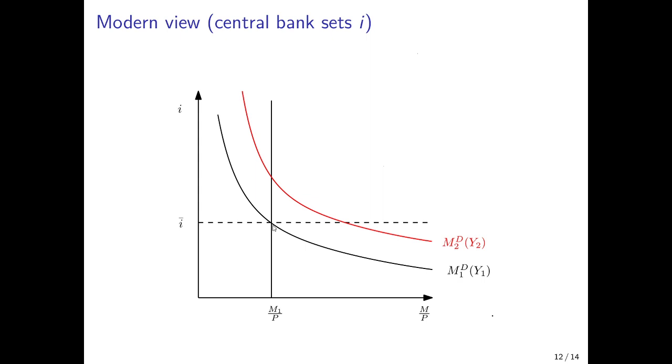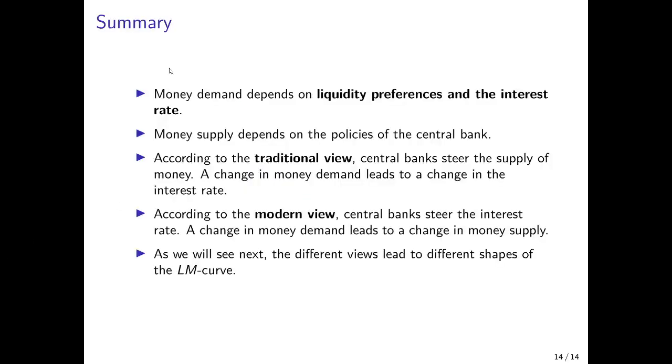And we see that the original equilibrium would not be an equilibrium anymore. But what happens now is that the central bank increases money supply so as to maintain the desired interest rate I bar. So actually now the interest rate is fixed, and the whole adjustment runs through money supply of the central bank.